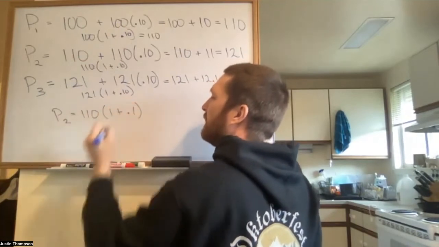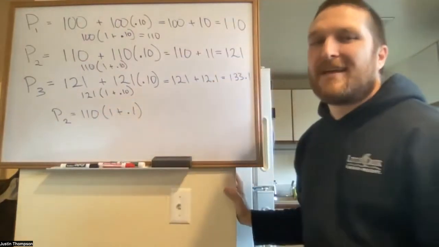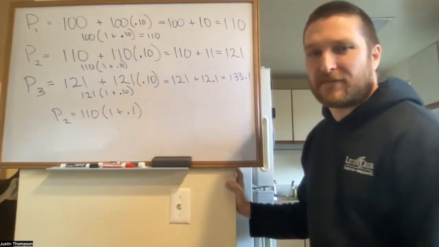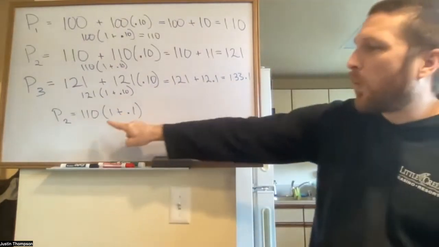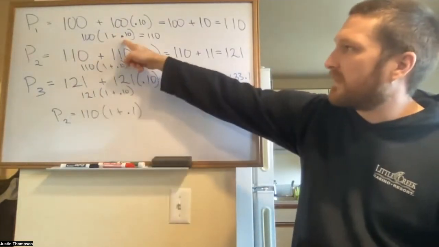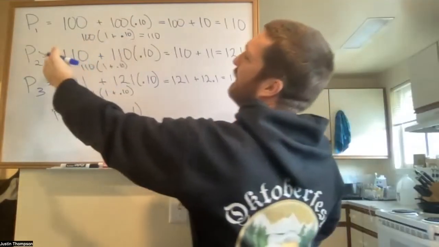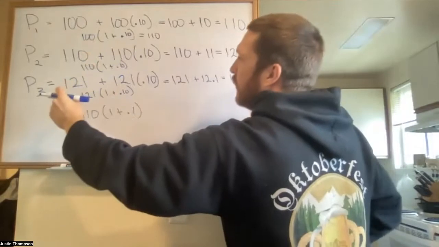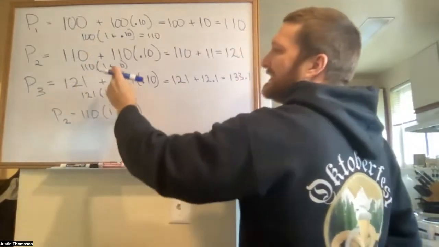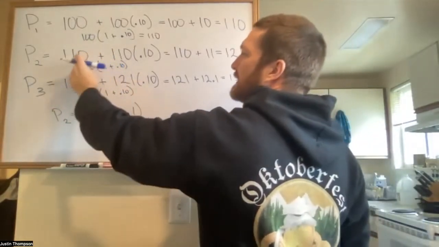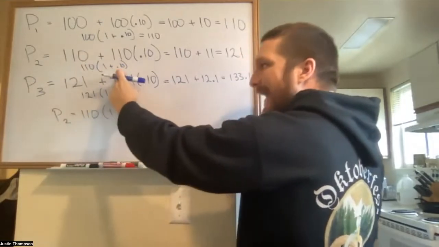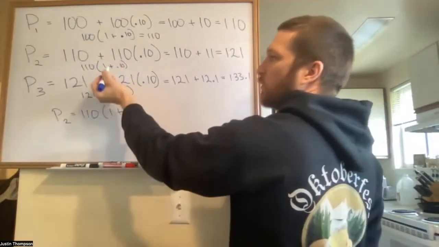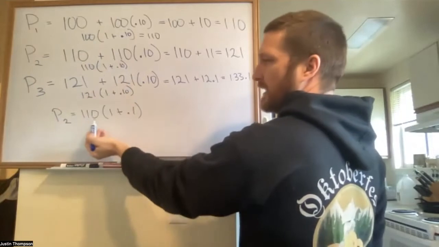Now, this is where we have a big payoff. We just said that 110 can be written like that. To find the amount that we would get at the end of the second year, we take the first amount, 110, and multiply it again by this, 1 plus the rate. So that's what I'm saying right here.